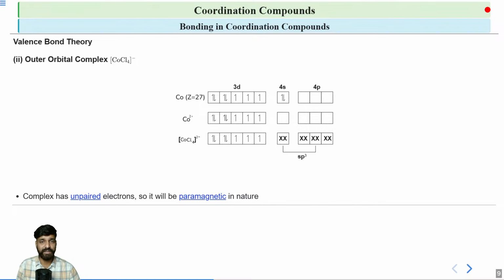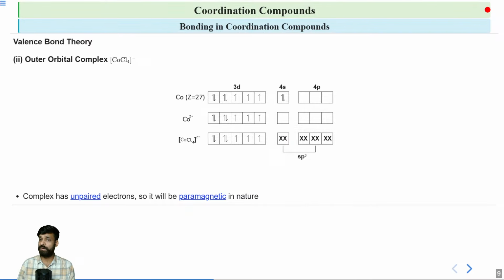So why are we getting here an outer orbital complex? Because chlorine is a weak field ligand and the weak field ligands are not capable of pairing up the electrons. And the second thing that you can notice is that cobalt is not having d8 configuration in the oxidized state. It is having d7 configuration. Okay, so these two reasons are the reason for the formation of outer orbital complex.